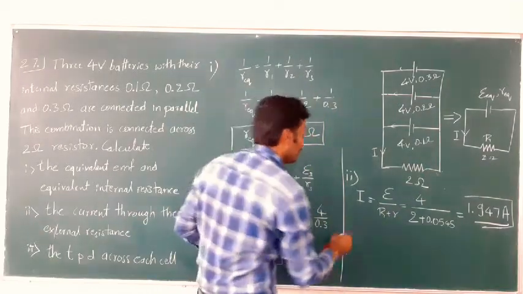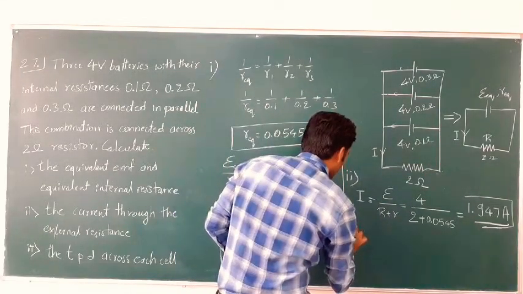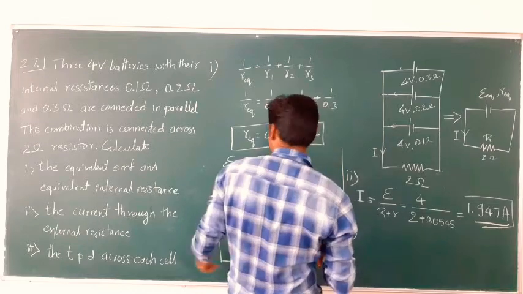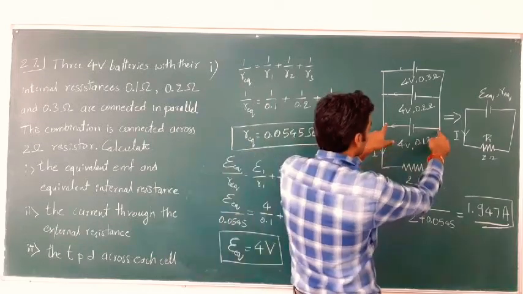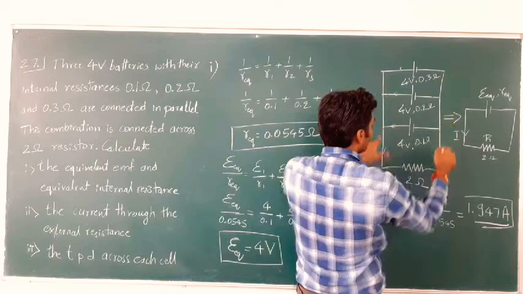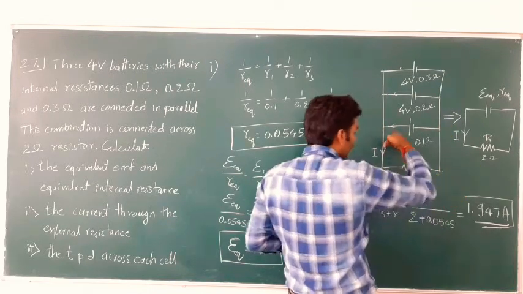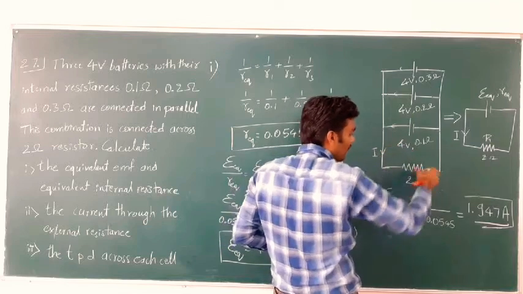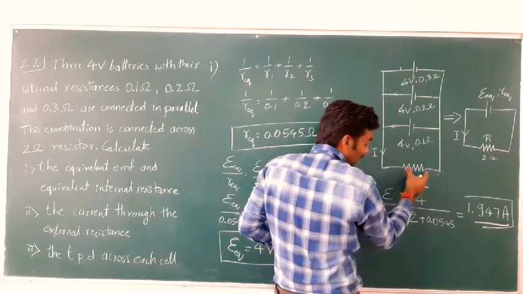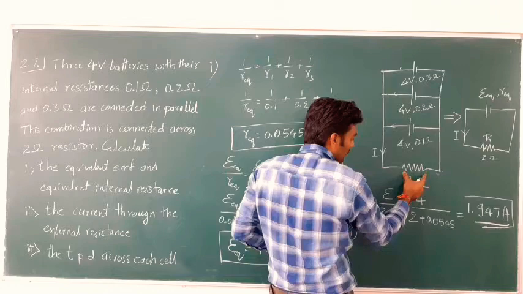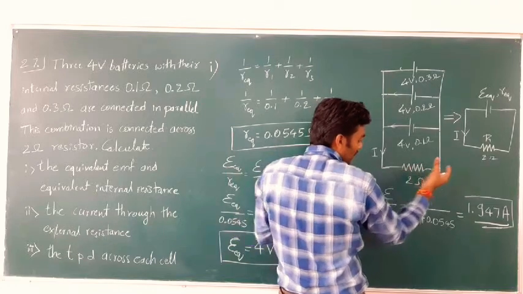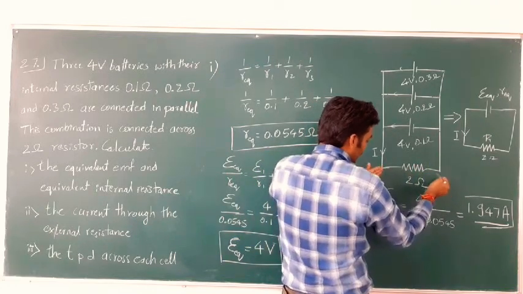So now going for the third sub question, they are asking us to get voltage across each of them, TPD. If I get TPD or voltage across this, that would be enough. So now I have the current through this and the resistance of this external resistor connected here. It's all about getting voltage across it.